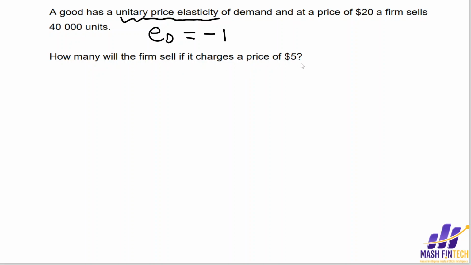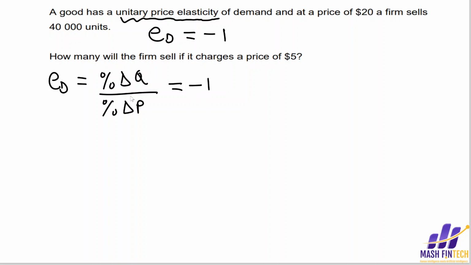How many units are sold for a price of $5? Our elasticity of demand is given by the percentage change in the quantity demanded over the percentage change in the price. This is equal to -1.